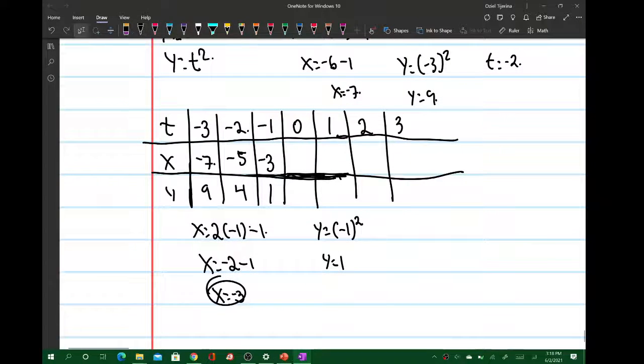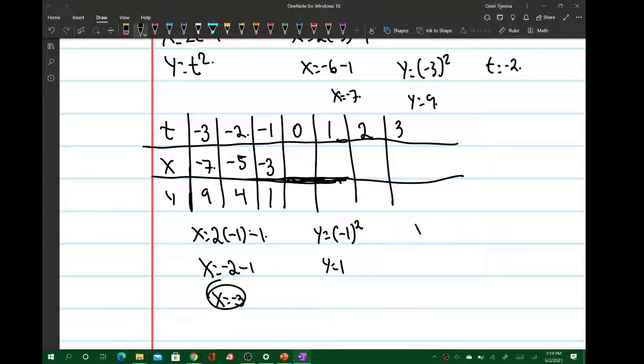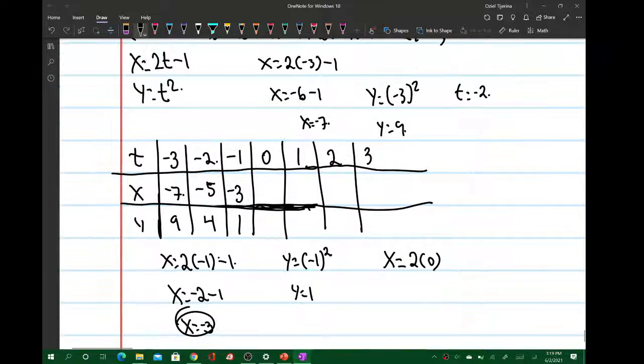And then at t equals 0, I'm going to do the same thing. You're just going to keep evaluating for these specific values of t until you have a full list.